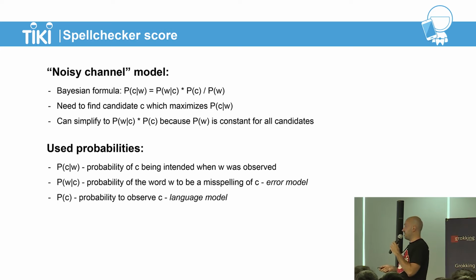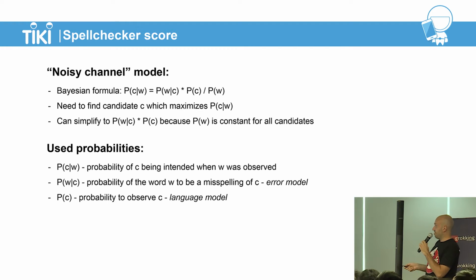But basically, for the given set of candidates, we want to find the candidate which maximizes the probability of this candidate being intended when the word W was observed. And we can use the Bayesian formula, which is a pretty standard approach for the probability of something if we know that something else happened before.